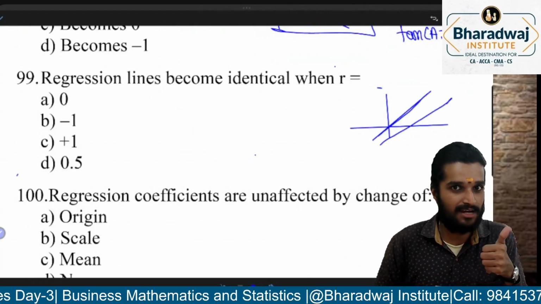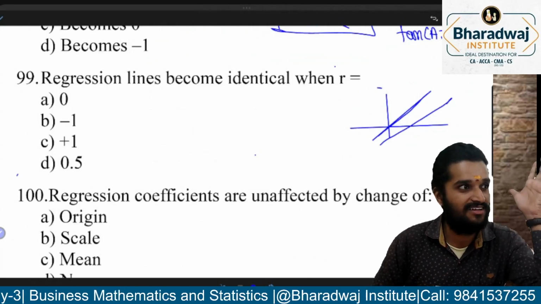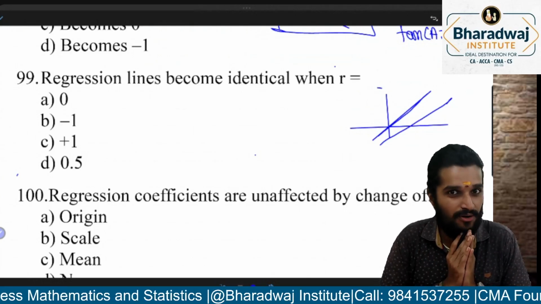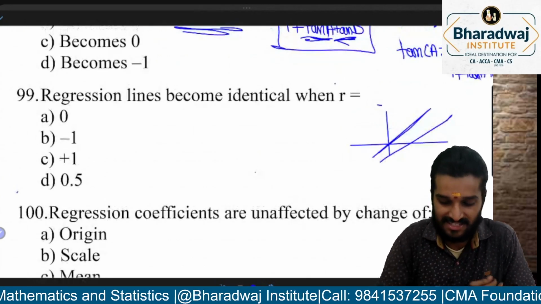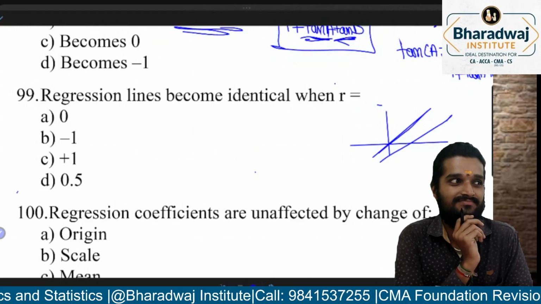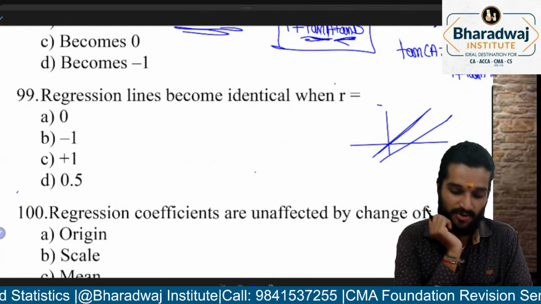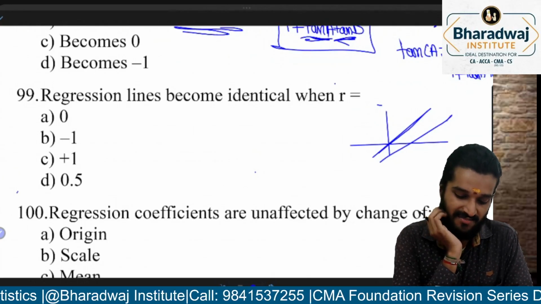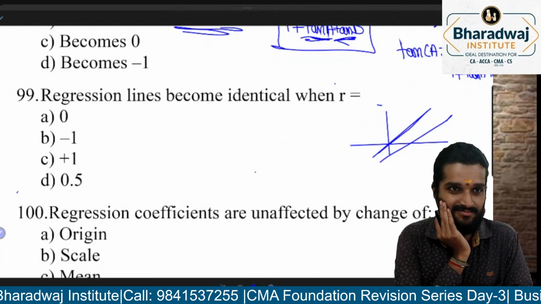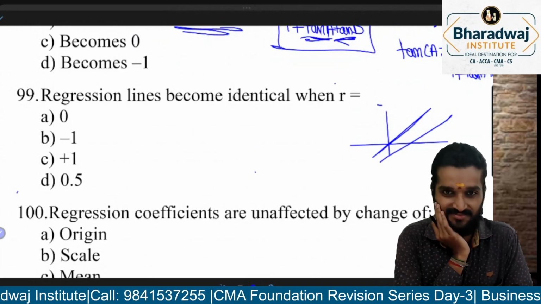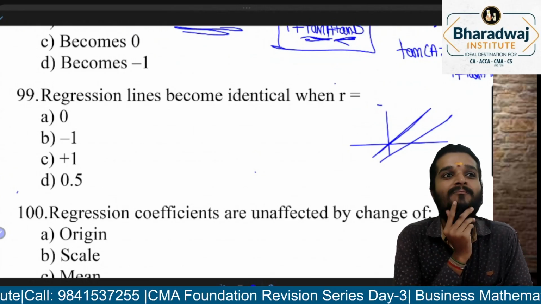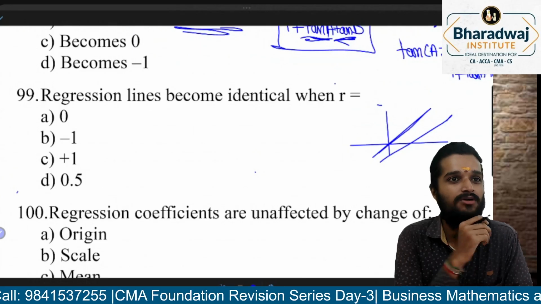If it is parallel, what can you say about the difference between the angles? It is 0. So in such a scenario, the numerator is 0. When will the numerator be 0? Regression lines become identical when R is what? What can you say about R here?